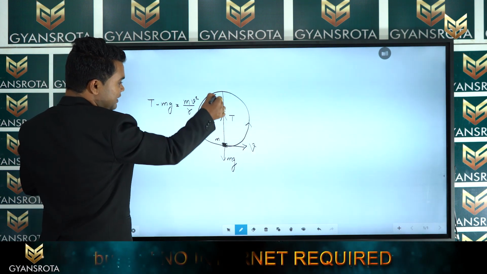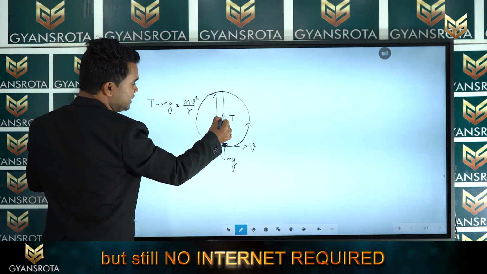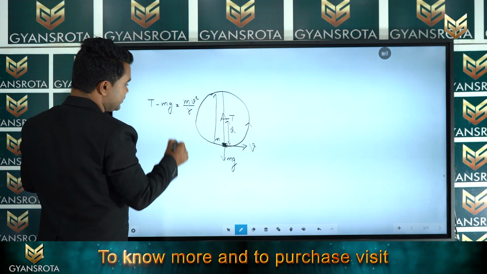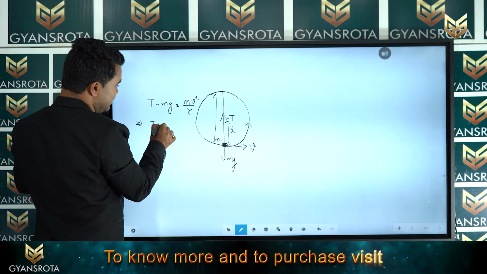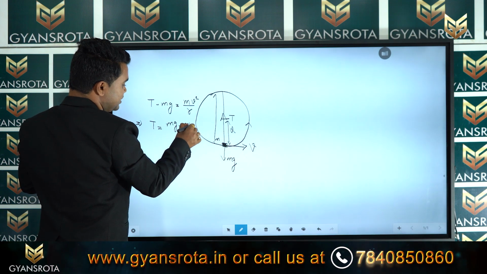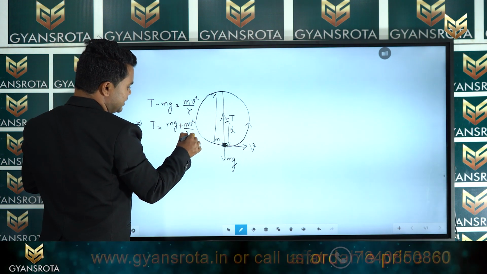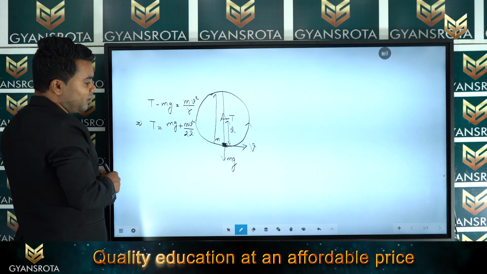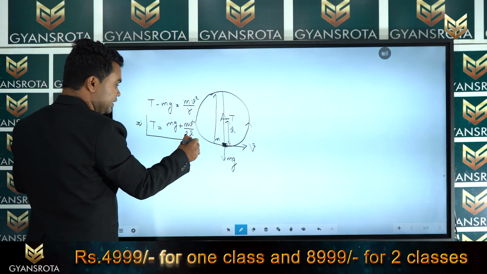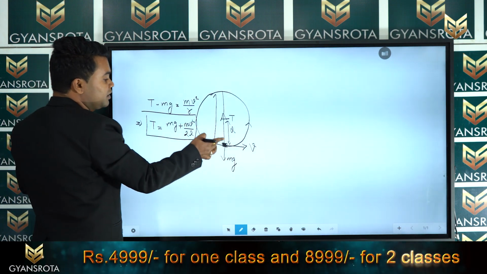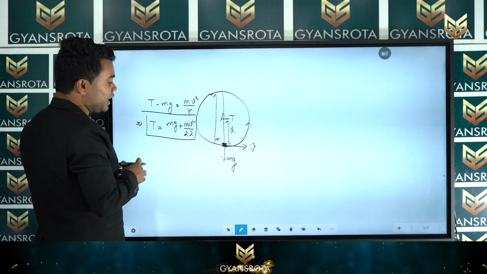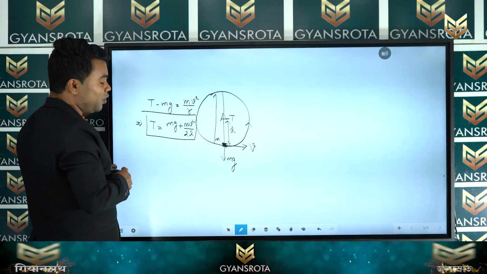Suppose the length from the center is L. So I can write it down as T equals mg plus mv square by L. Right? This is the point where this thread will break. The T must be equal to mg plus mv square by L.